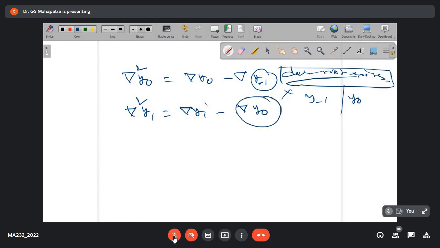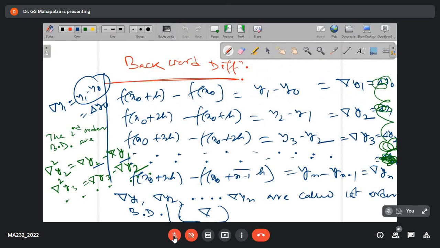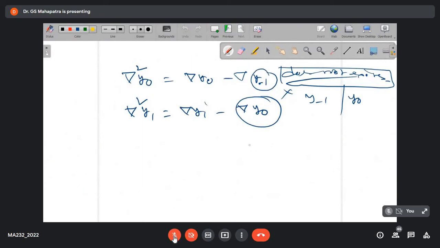This one also does not exist. Starting from nabla y1, the formula is y1 minus y naught, so the answer is y1 minus y naught.